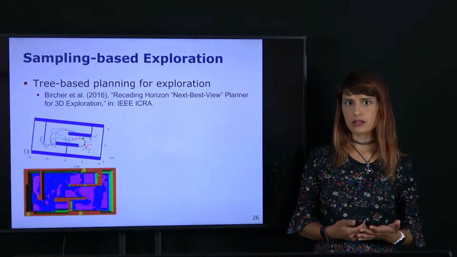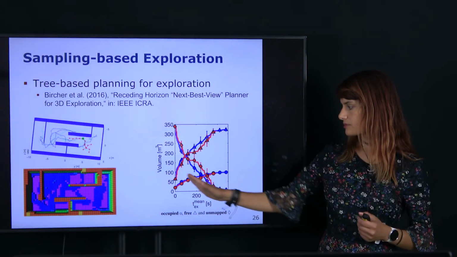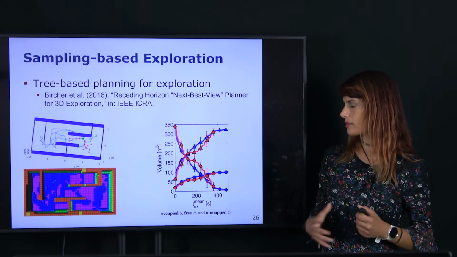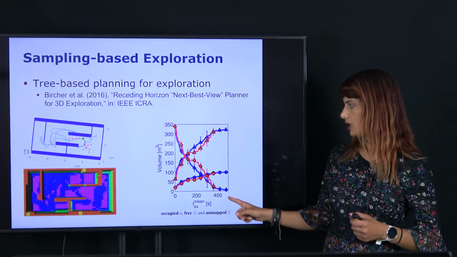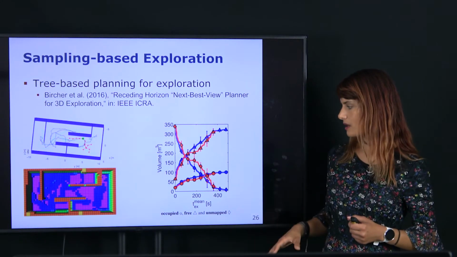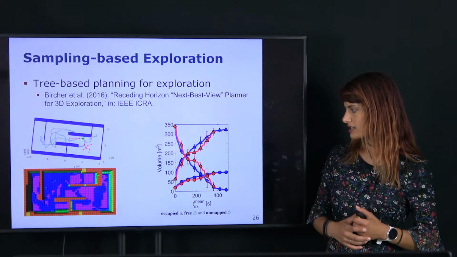And in order to compare them, we can use our performance metrics, so the explored volume over time, and see how the methods compare. And so over here in the blue, we see the proposed approach, which is the sampling-based tree planner, and the red is the frontier-based planner.